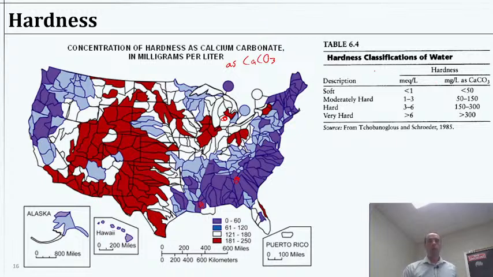We could put it in a charge equivalent, milliequivalents per liter, or as milligrams per liter of calcium carbonate. So typically, soft water is less than about 50 milligrams per liter CaCO3. Water softening using the lime soda ash process can only get you down to about 30 or so hardness. So you can get soft water, just can't get ultra soft. And so there are some thresholds there.